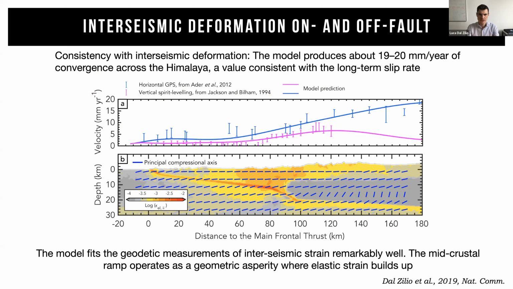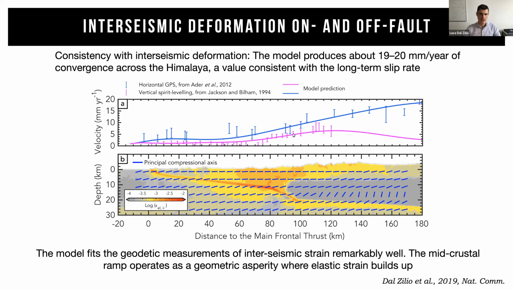An important part of these models is trying to constrain the surface deformation that we can have from GPS stations and leveling data with the strain distribution within the wedge. Here you can see the velocity at the surface, and the blue bars represent the horizontal deformation, while the purple bars represent the vertical uplift from the leveling data.